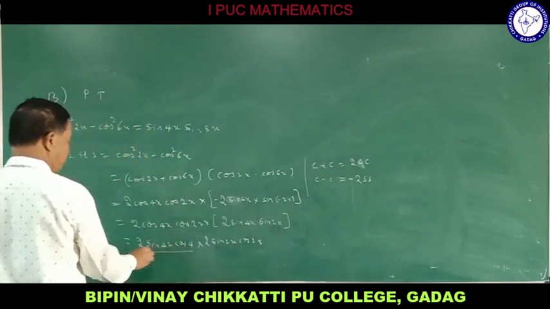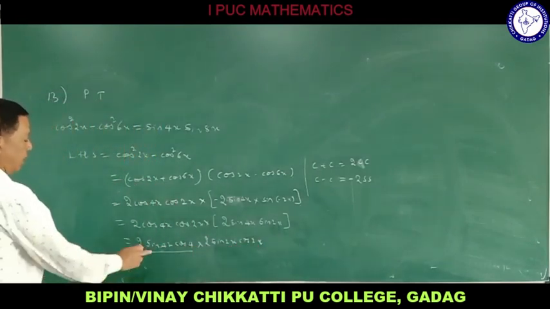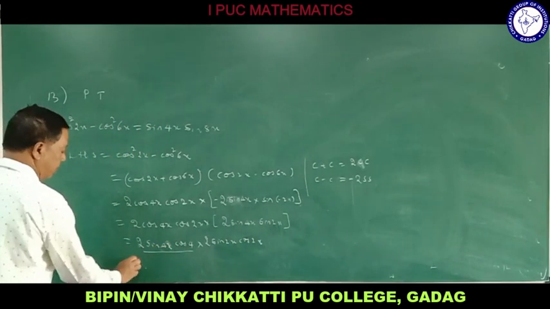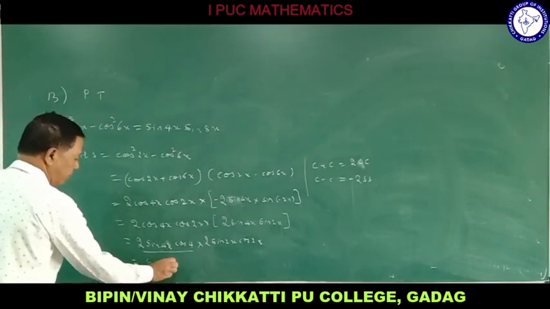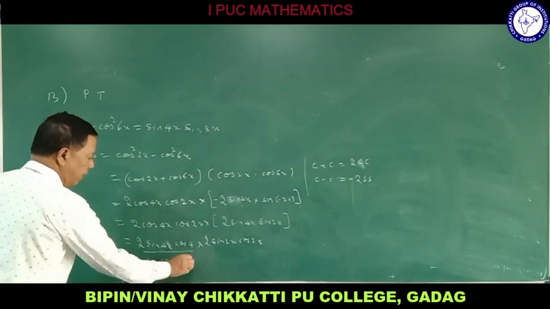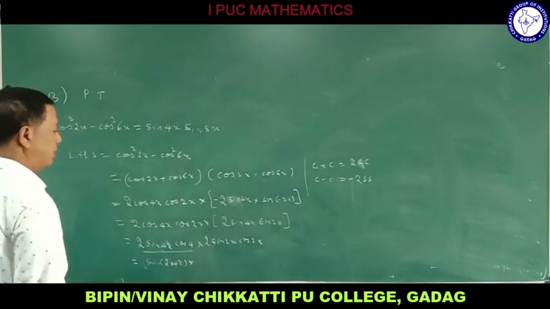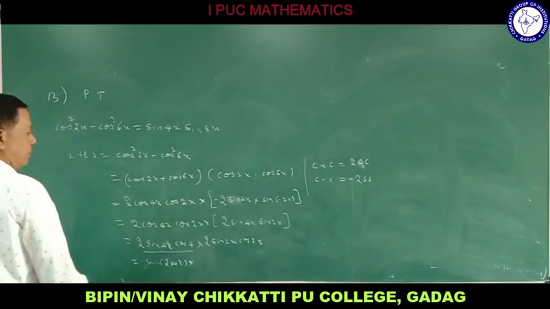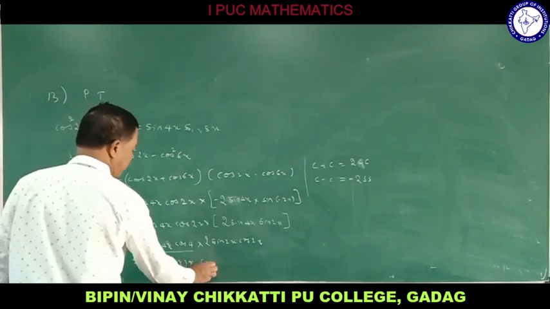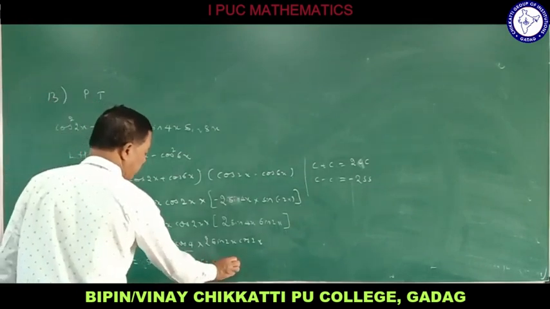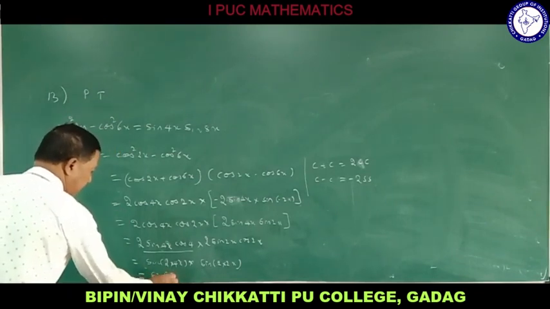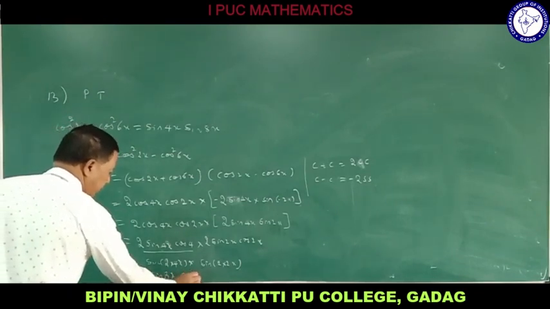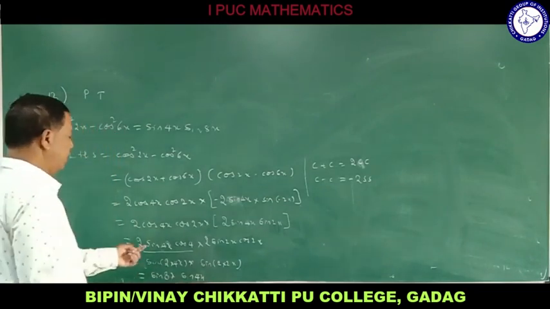What is this? The 2 sin A cos A formula gives sin of 2 into 4x, and here also sin of 2 into 2x. This is nothing but sin 8x, sin 4x.